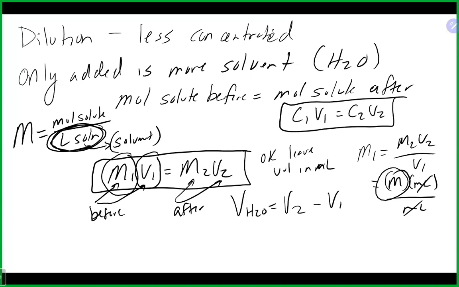V1 is how much of that concentrated solution you're going to use. Like in your experiment yesterday, you started with 0.1 molar HCl and used 1 milliliter of it. M2 is your more dilute concentration, and V2 is the volume of your more dilute solution you're making, which in the example yesterday was the 100 milliliter solution you made when you did the dilution. That would be your V2, and you would solve for M2, which would give you your new concentration.